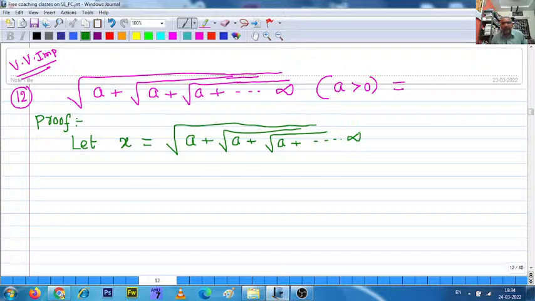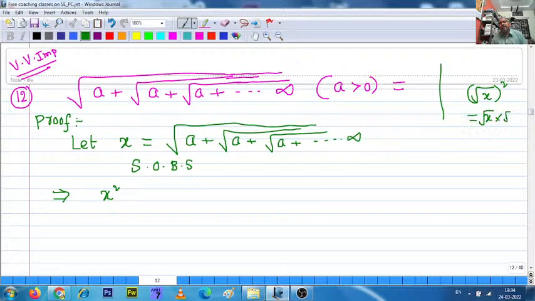Am I correct now? First, squaring on both sides. Let us perform squaring on both sides. On squaring both sides, what do you get now? x square. My dear students, remember, for example, root x whole square, you will be getting root x into root x, I mean already discussed, that is x.